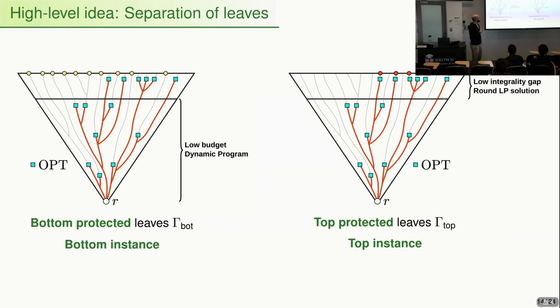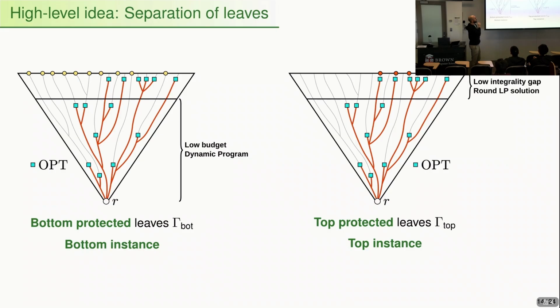And let us for now assume the following. We partition the leaves into two sets. The right-hand side are those which are protected by OPT vertices on these top levels here. On the left-hand side are the leaves which are protected by OPT vertices on the bottom levels.